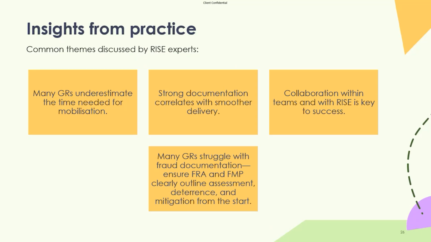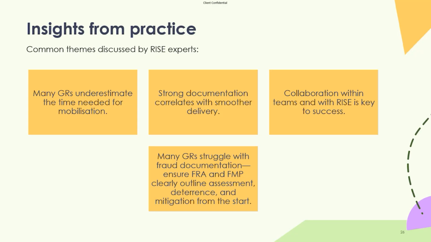GRs typically also, especially with Warm Homes Local Grant, have been seen to struggle, particularly with fraud documentation. Part of this is also because the department with this project has increased the level of checks and due diligence that they are conducting with preparation of both the FRA as well as the FMP. So our feedback as well as our assessment of both these documents during the mock TAC process has been much more thorough.